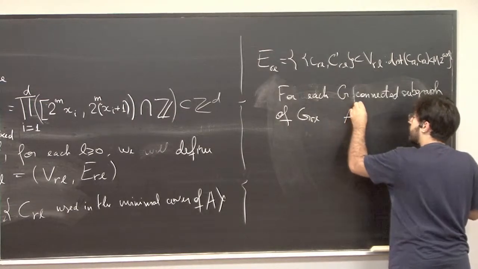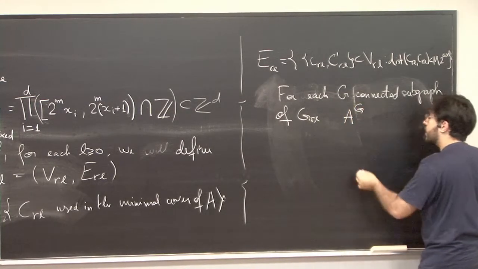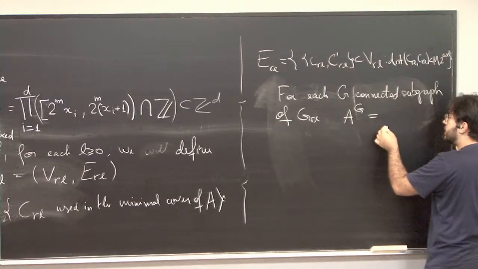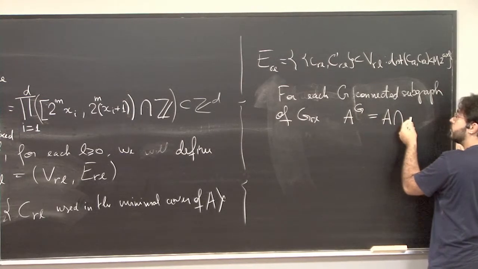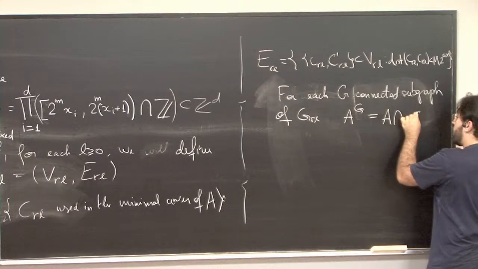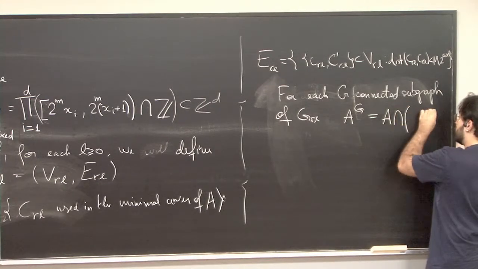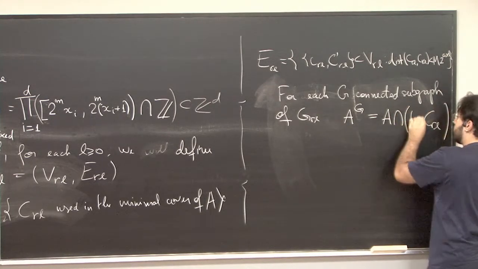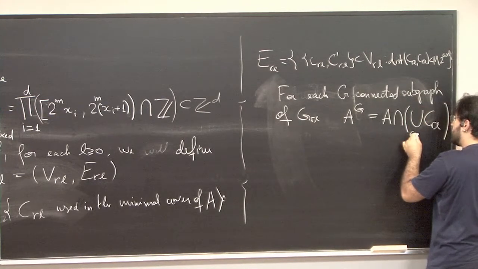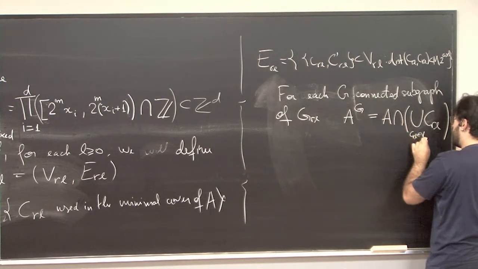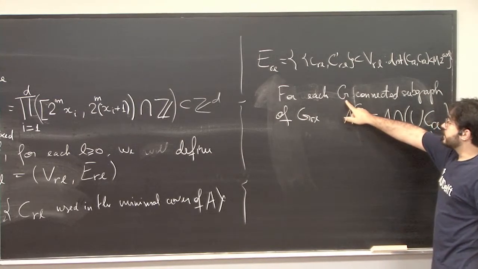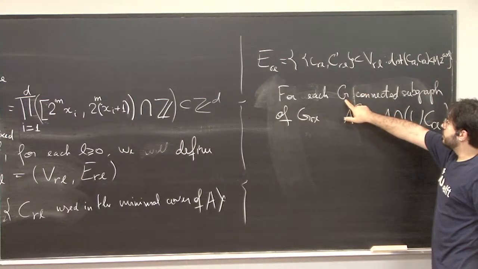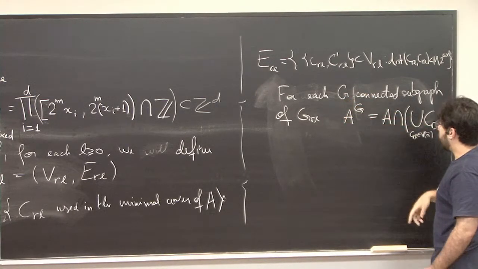We define the set A_G as being exactly the intersection of A with all the cubes C_{R,L} that are inside the vertex set of G. So you consider the vertices of G. They are cubes.